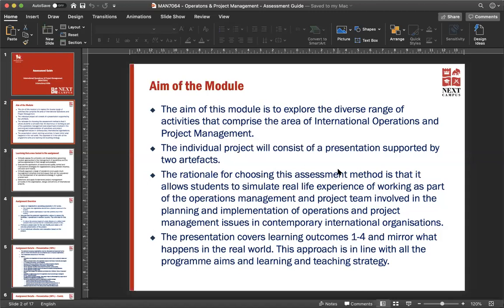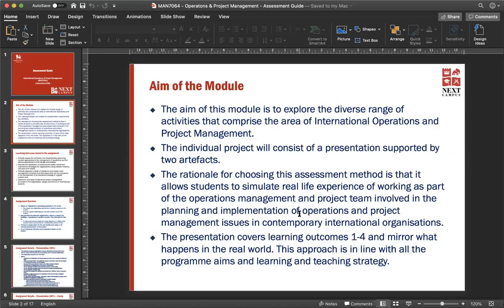Now, if somebody were to ask you, how does that organization operate? What do you say? So now you answer that same question, but support your answers using theories and concepts in operations management. So the rationale for this assessment is to allow students to simulate real life experience.